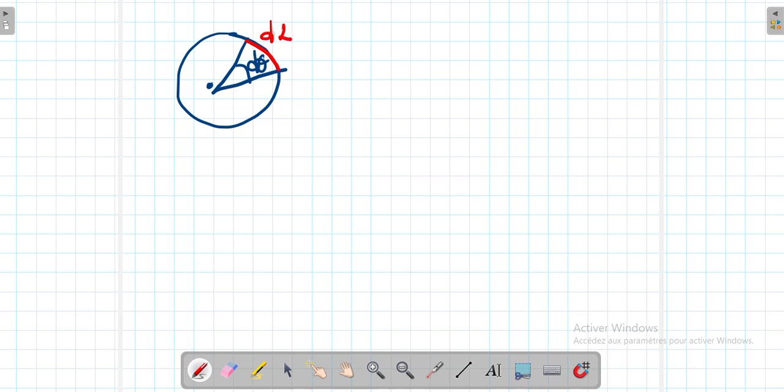So there's this arc length associated with d theta. What is the relationship between d theta, the elementary plane angle, and the arc length it subtends? It's that arc length over the radius. This is the relationship in radians, of course.